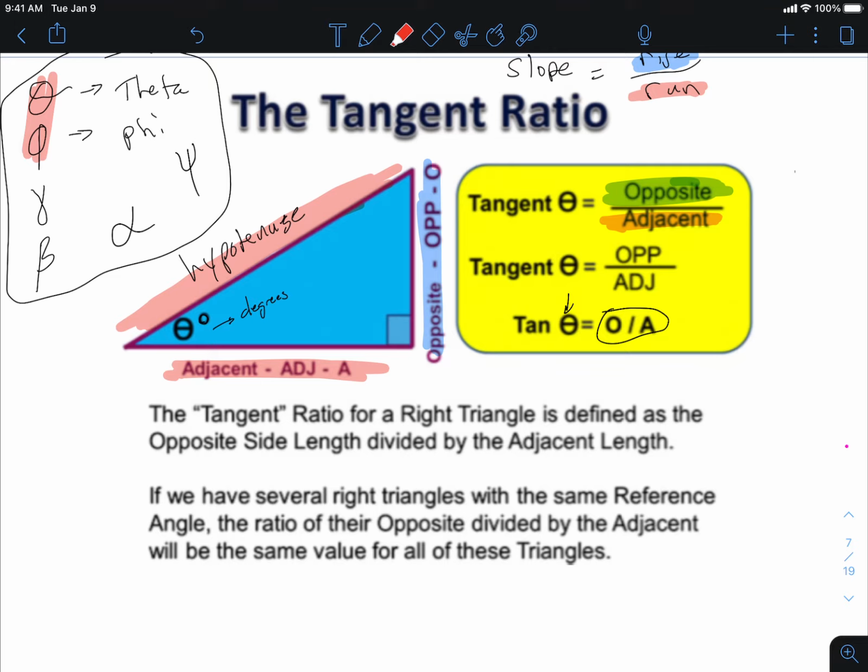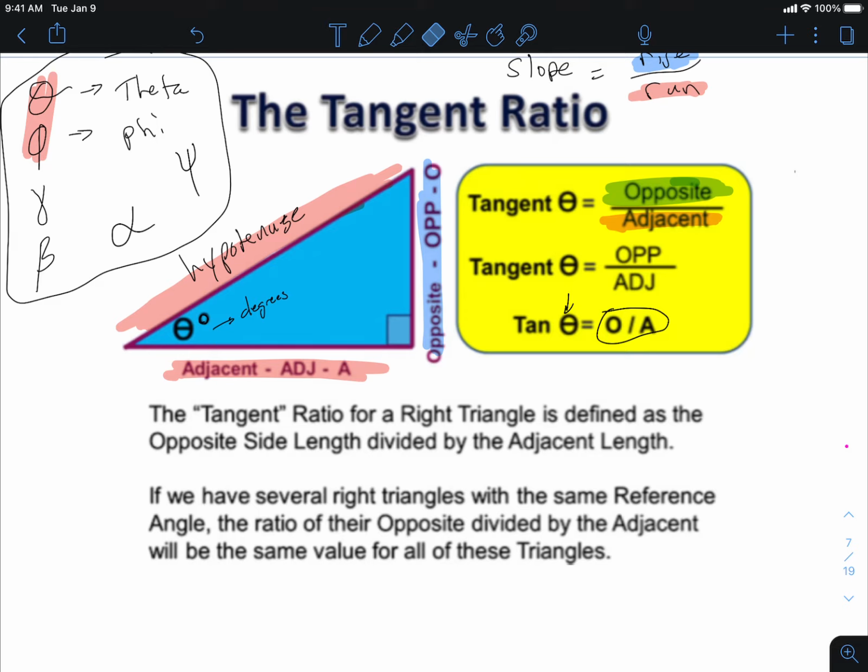So what does this all mean? When we say solve a triangle, it means tell me what all the side lengths are and what all the angles are. The tangent ratio for a right angle triangle is defined as the opposite side length divided by the adjacent side length. That's what we just saw.